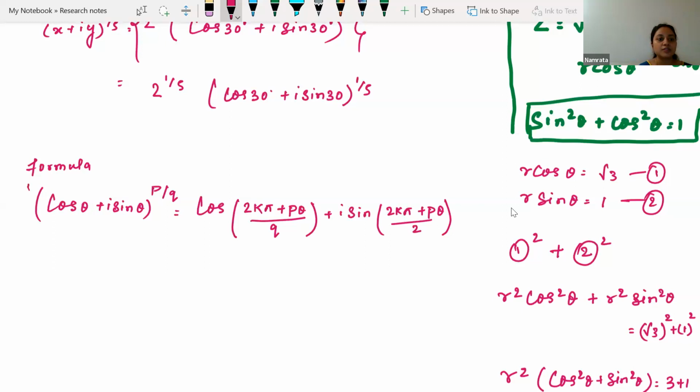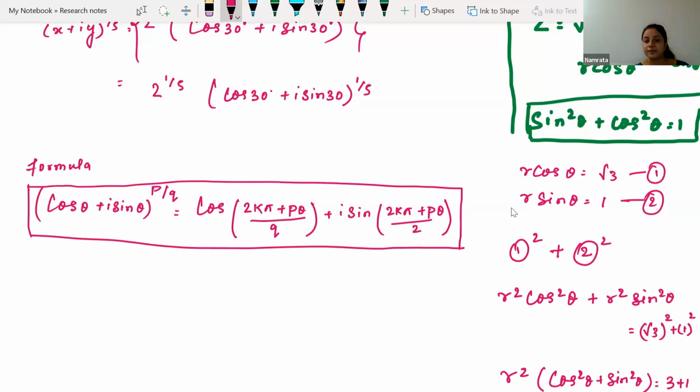This is the formula we are going to apply on our question.